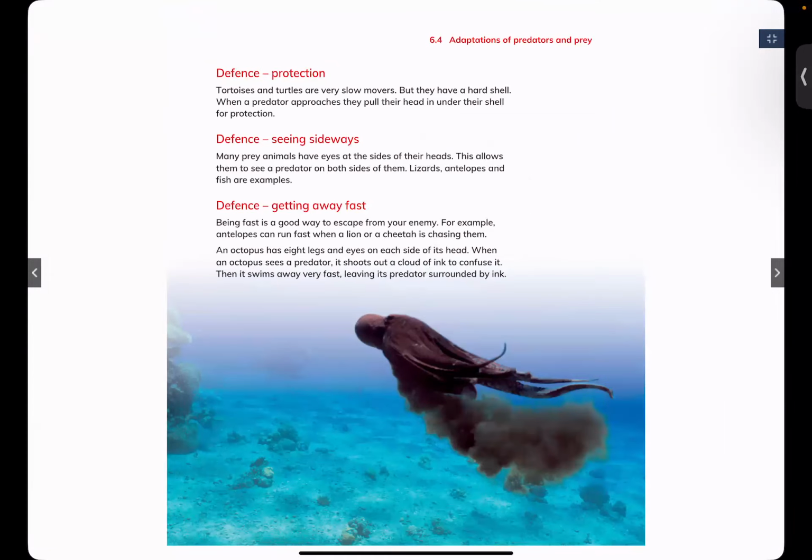Again, defense is protection. We know that tortoise and turtles are very, very slow movers. So how are they going to protect themselves? They're going to go under the hard shell. Seeing sideways: we see that many prey have eyes at the side of their heads, which helps them to see the predator on both the sides of them, that is left and right.